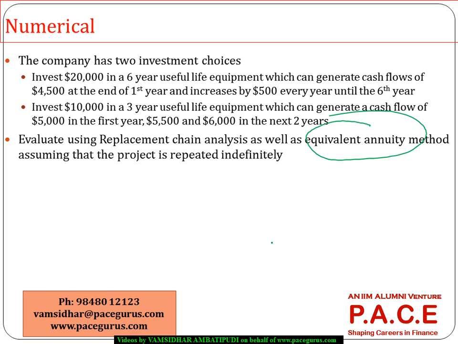That is what we call the annuity, or annual equivalent value, and whichever project has the higher annuity value will be preferred compared to the other. So these are the two mechanisms to evaluate capital budgeting projects with unequal lives.